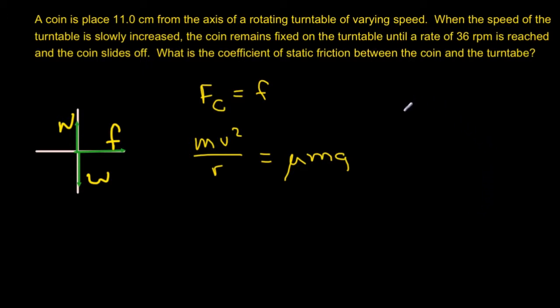It tells us that we're going to be traveling at 3,600 RPM. So that's 3,600 revolutions per minute. We need to change that to meters per second or centimeters per second. So if we do it to meters per second, we know that one revolution is 2 times pi times 0.11.